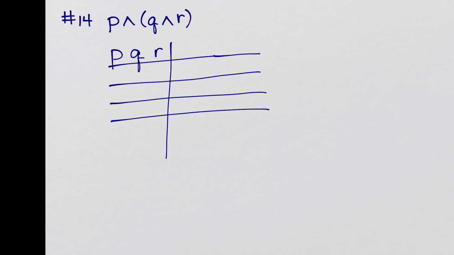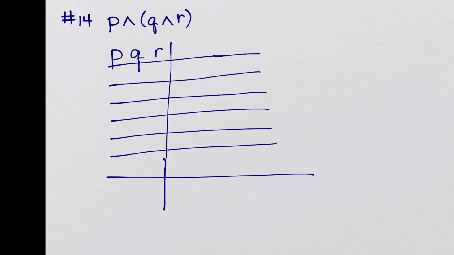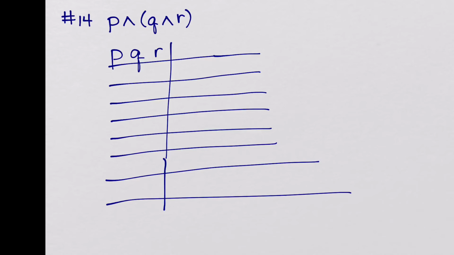So I'm going to just make some basic lines here. 1, 2, 3, 4, 5, 6, 7, 8. Okay, good.